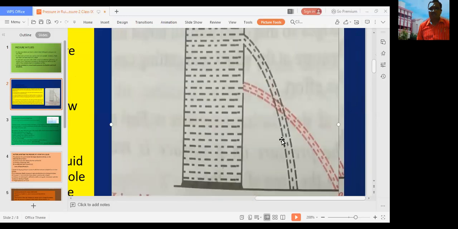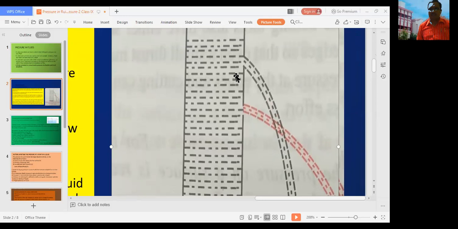If you observe this cylinder, some holes are made. There is one hole here, another hole here. Through this, if you observe, here more depth is present from the surface of the liquid.